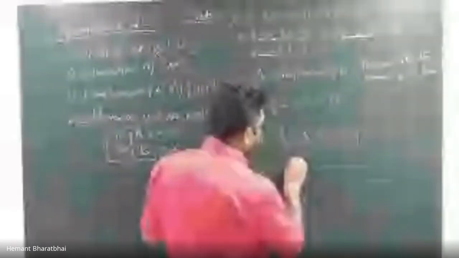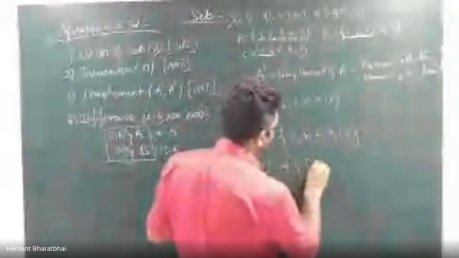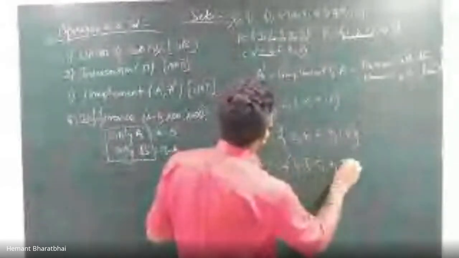If I remove 2, 4, 6, 8, and 10, then what will remain is 1, 3, 5, 7, and 9. So what remains is C complement.